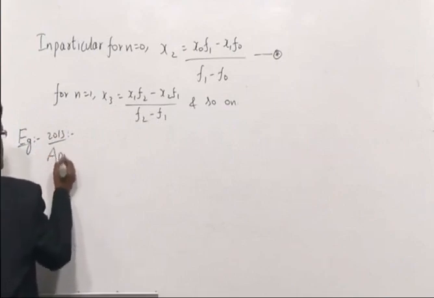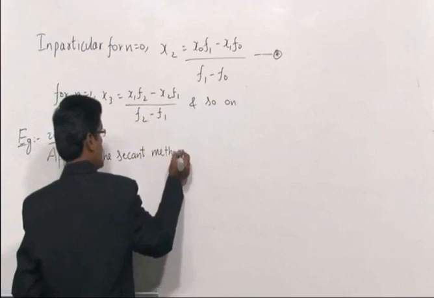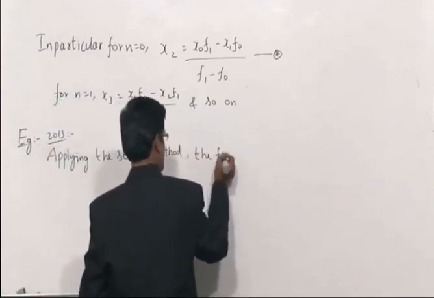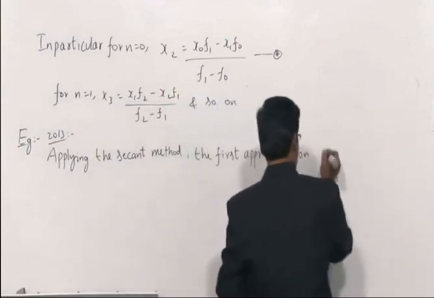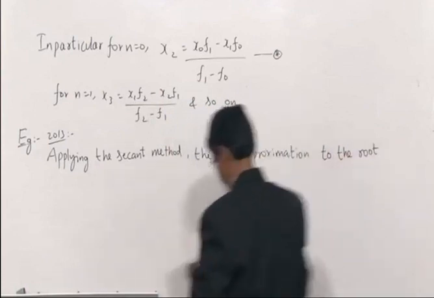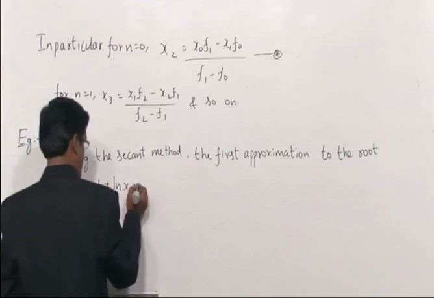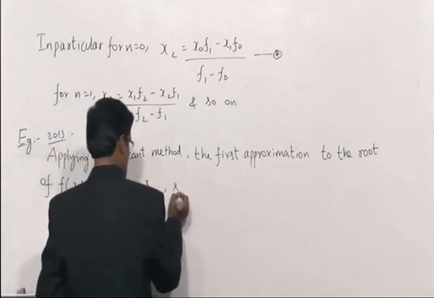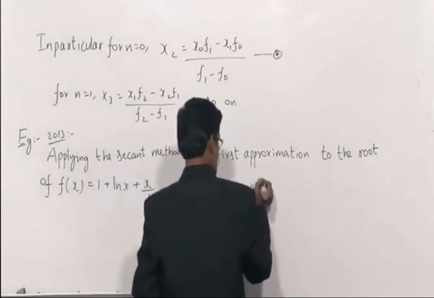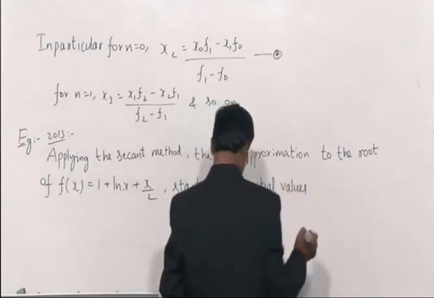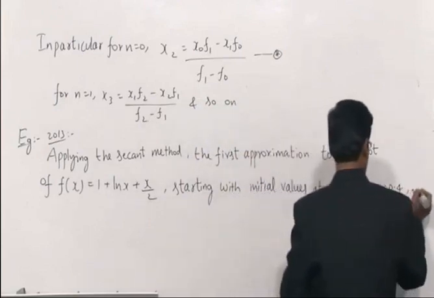Applying the secant method, find the first approximation to the root of f(x) = 1 + ln x + x/2, starting with initial values x = 0.3 and x = 0.4.